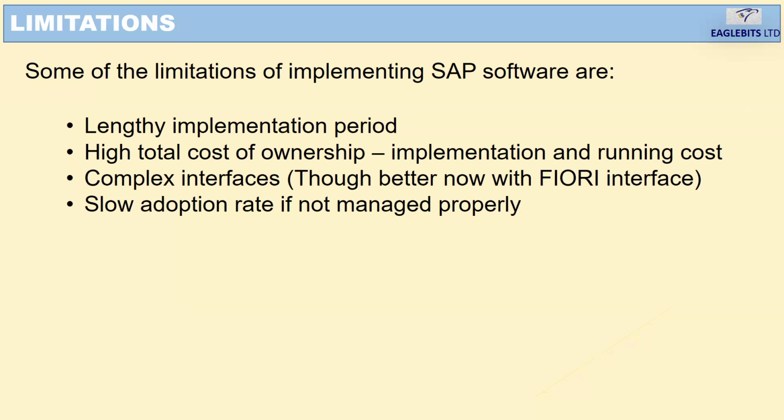However, with S/4HANA coming on board, it's a lot shorter now. There are template implementations which could span just a month or two, and you're up and running in your organization.